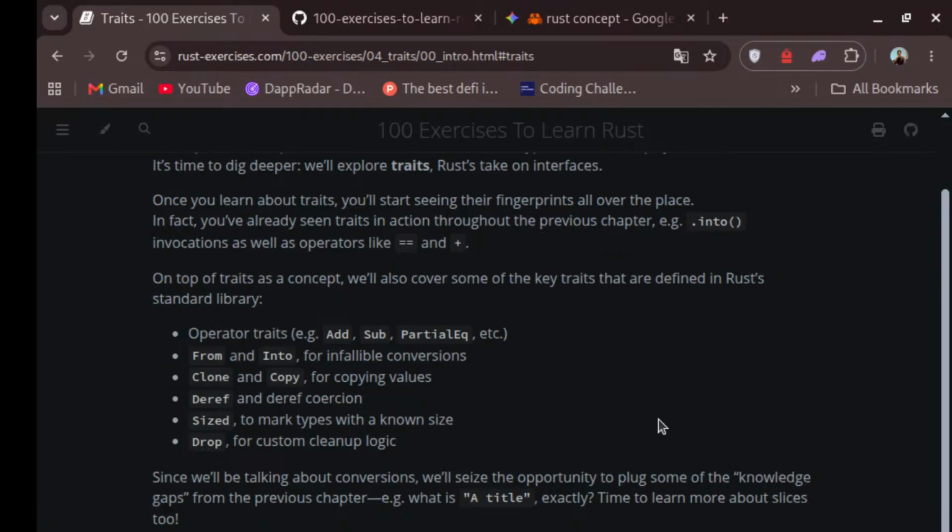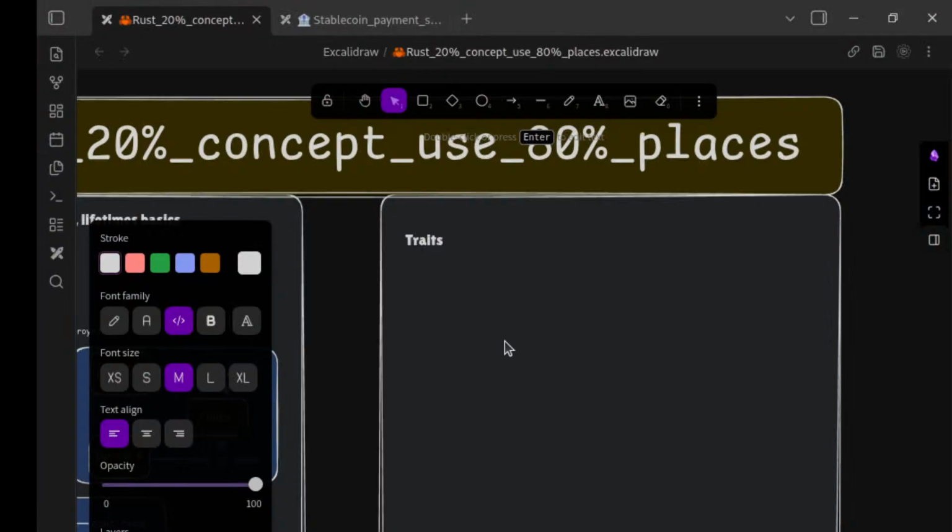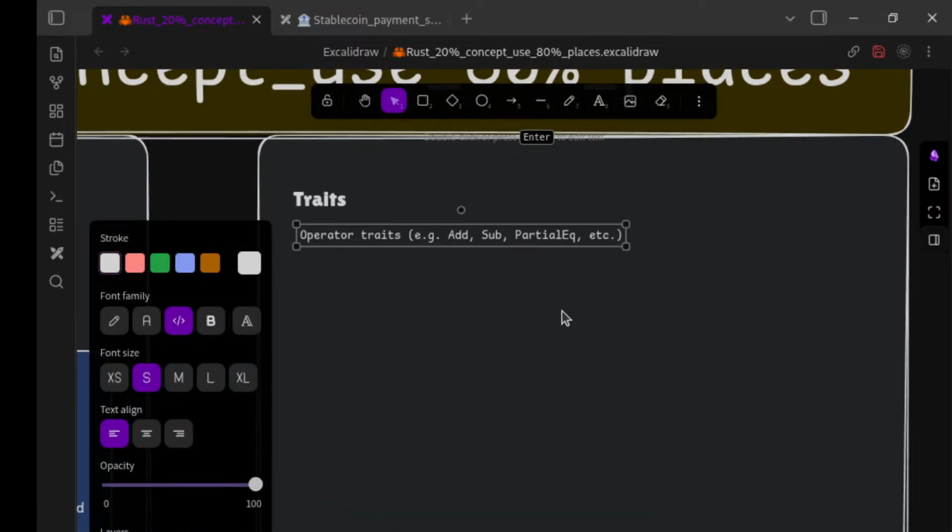We will cover these traits from the Rust standard library. First is operational traits.